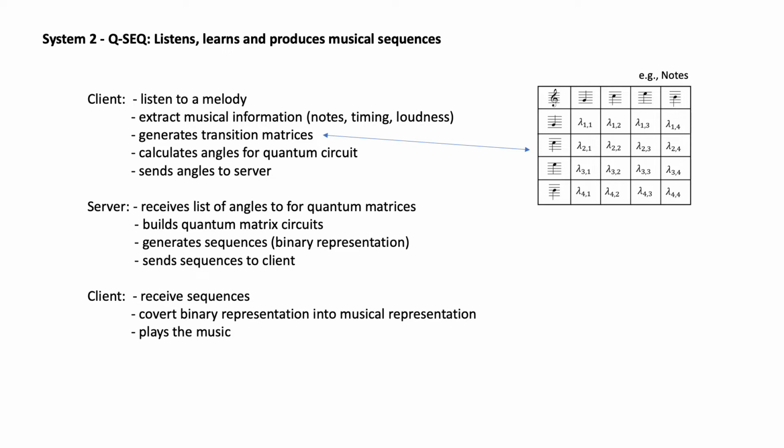And then the server receives those angles and builds quantum matrix circuits, generates sequences in binary representation, of course, and sends these sequences to the client. The client then receives those sequences, converts those binary representations into musical representations, and of course plays the musical response.